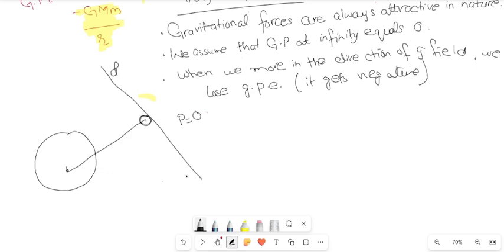Number 1, since the gravitational forces are always attractive in nature, it will automatically pull it towards itself, so it's bound to move towards this. Now when we are assuming it's 0 at infinity, and since we're moving in the direction of the gravitational field, we are losing gravitational potential energy, which means we are becoming negative.